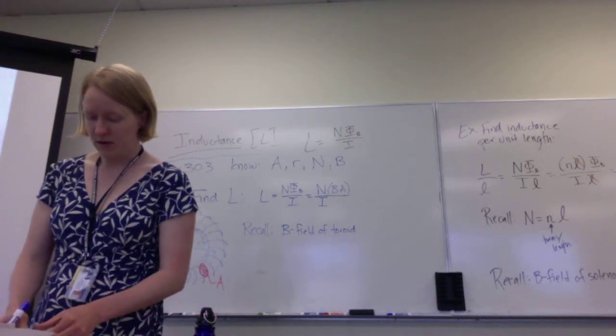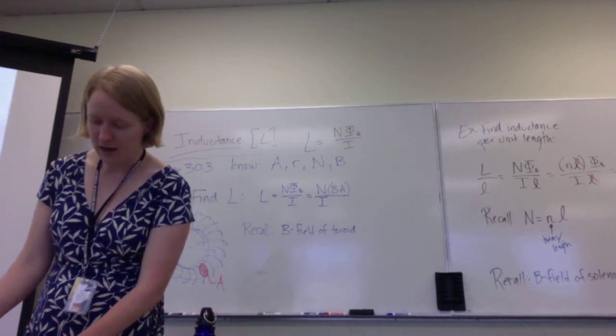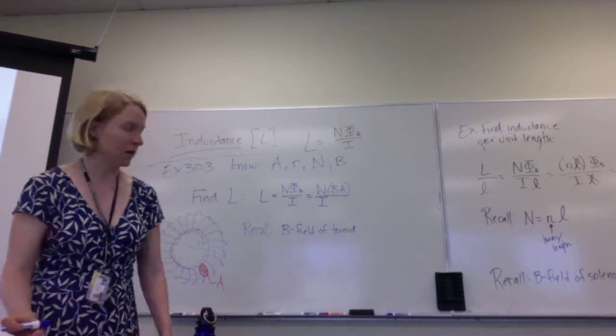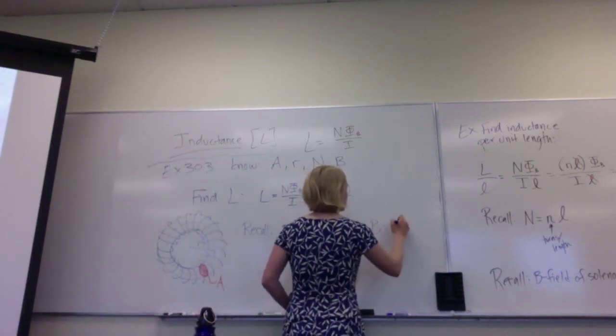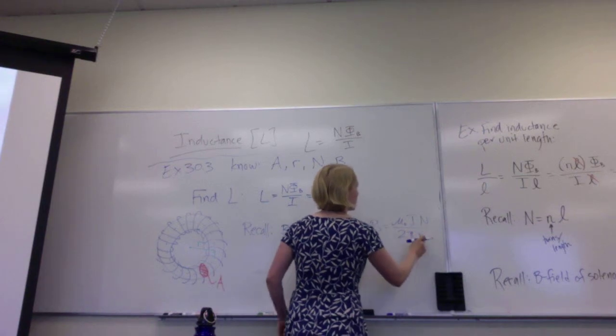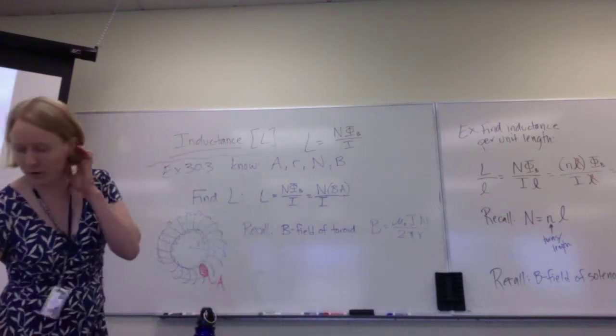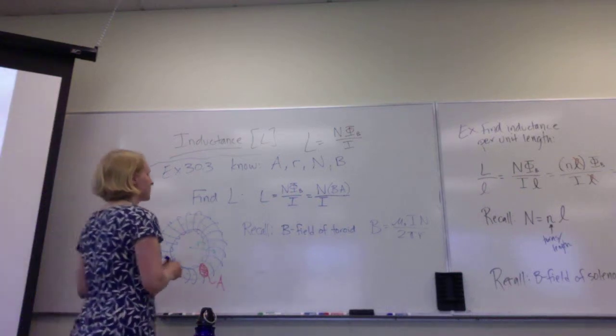It was in our homework too. Toroid: mu naught I n over 2 pi r. Let's verify that's the same r I drew in my picture. And it is. Okay.